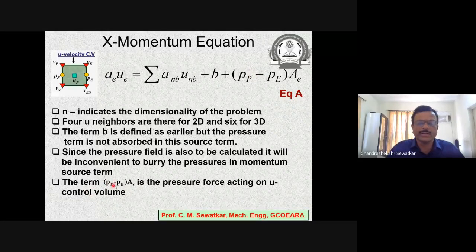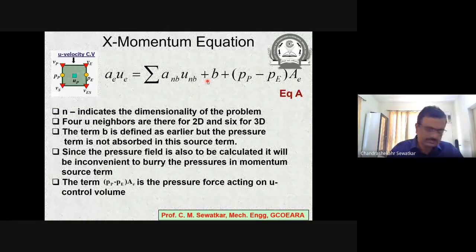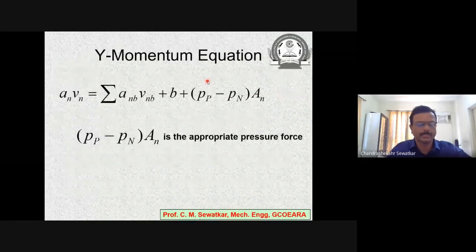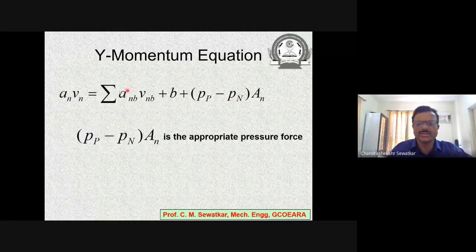The term Pp minus Pe into A is the pressure force acting on the U control volume. Do remember, this is the pressure force acting on the U control volume. So this is a separate, different form of the equation which we have written, and we'll look at how to solve it. Similarly, I can write down the y momentum equation in the same fashion.